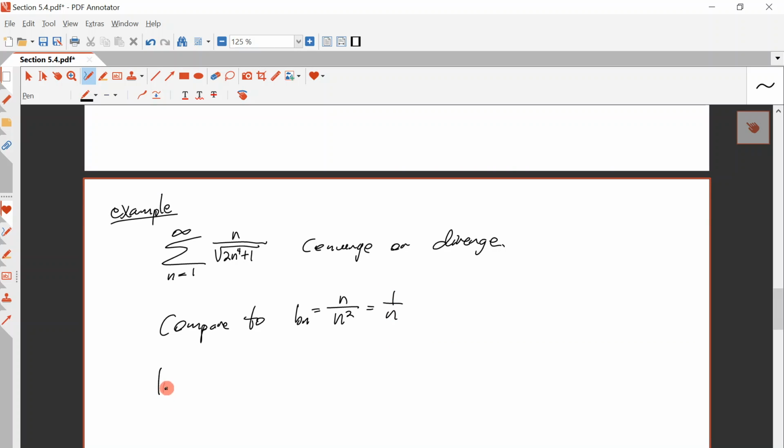Okay, let's look at the limit as n goes to infinity of the ratio, which is n squared over the square root of 2n to the 4th plus 1. Divide the top and bottom by n squared.